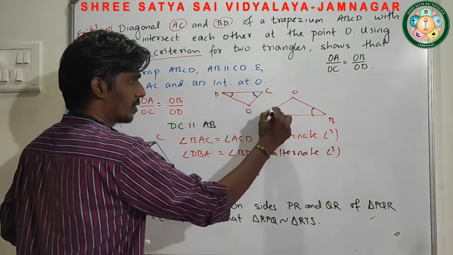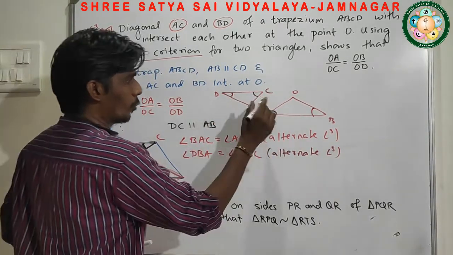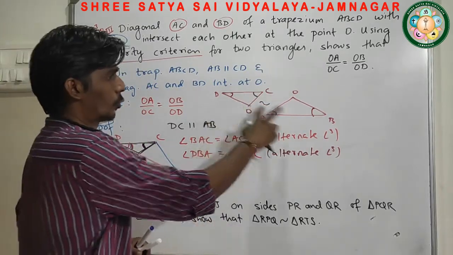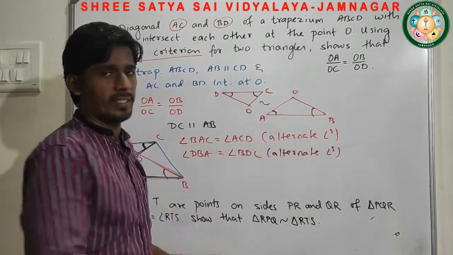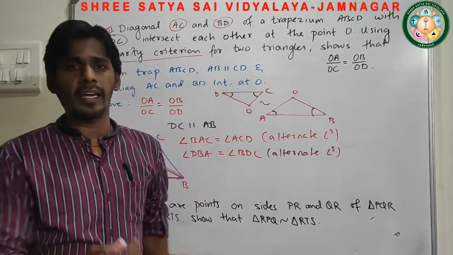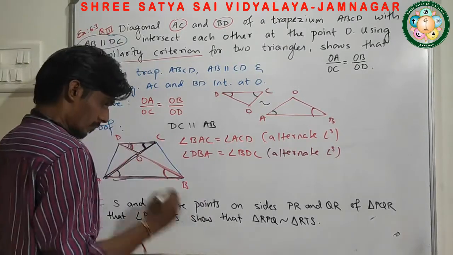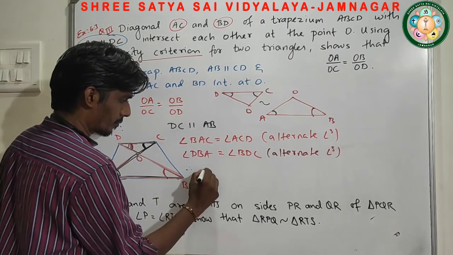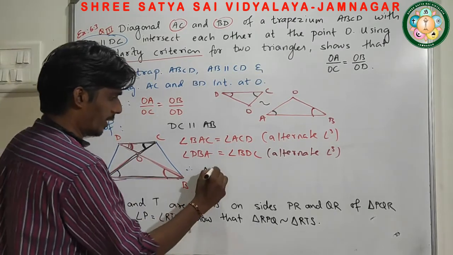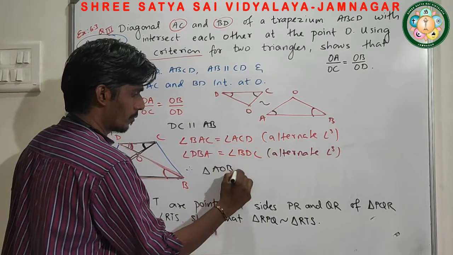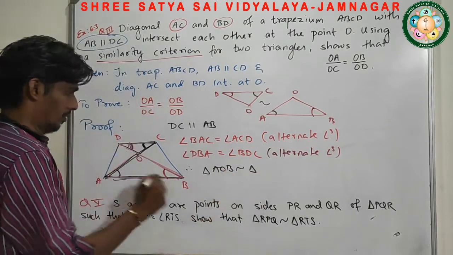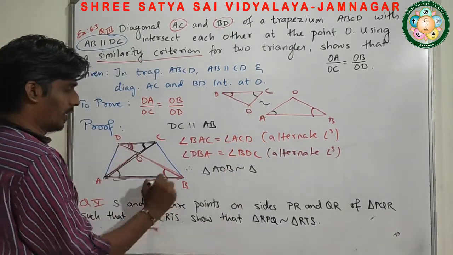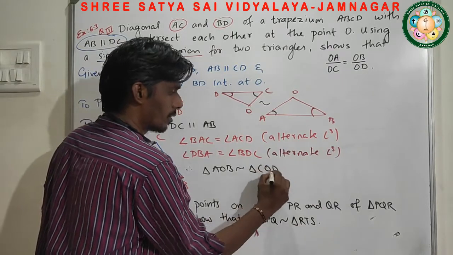This angle C is equal to angle A. So for two pairs of triangle, two angles are equal, and if these two angles are equal, I can use what? Angle criteria. Therefore, we can write triangle AOB is similar to triangle COD.